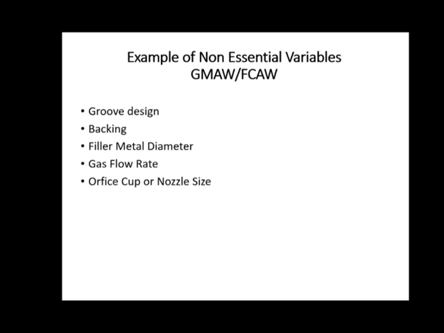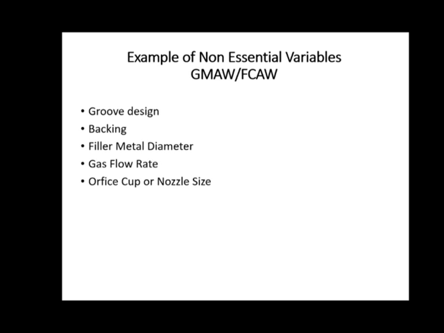I know I keep restating this over and over, but I'm trying to beat this into your heads. Same with orifice, cup, or nozzle size. It's not going to affect how that weld filler material is put into that weld joint, but you need to address it because you're giving the welder instruction on what needs to be done.